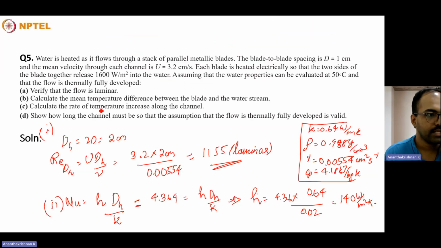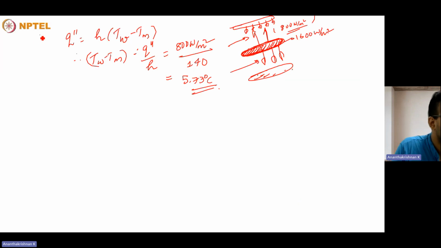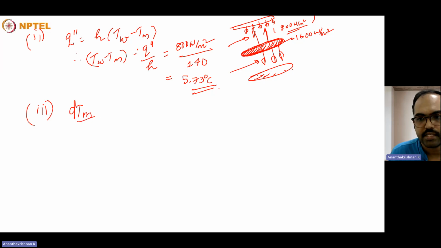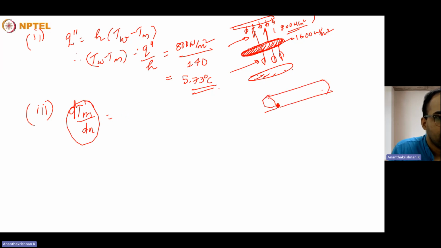Now we have to calculate the rate of temperature increase along the length. So this is section 3. We have to calculate dTm divided by dx across the length. This can be obtained from the energy balance of the fluid that flows between the two blade streams.